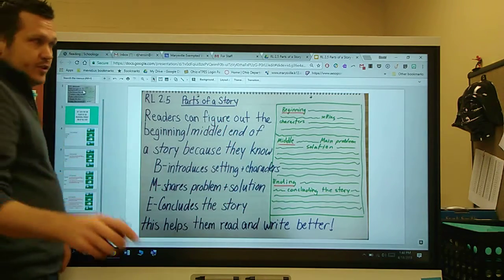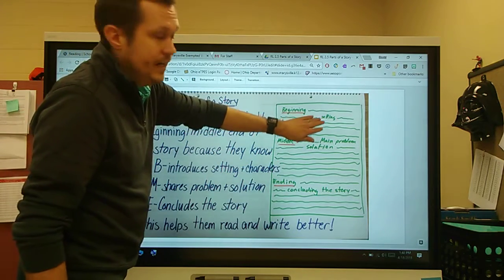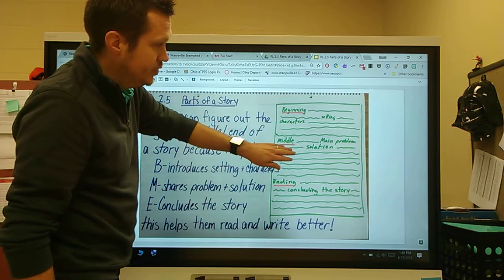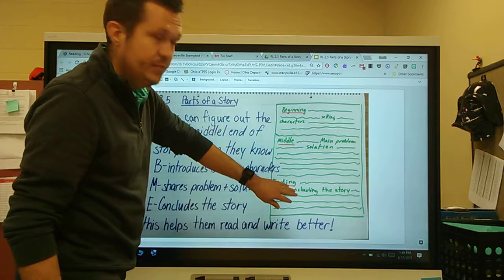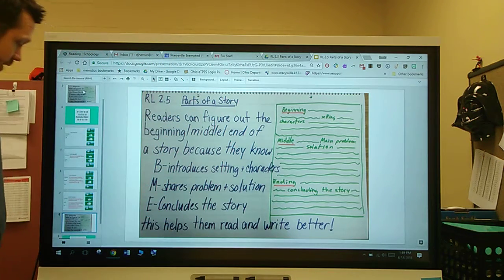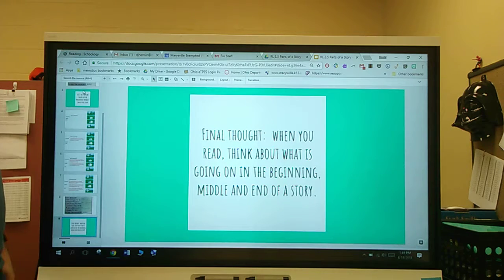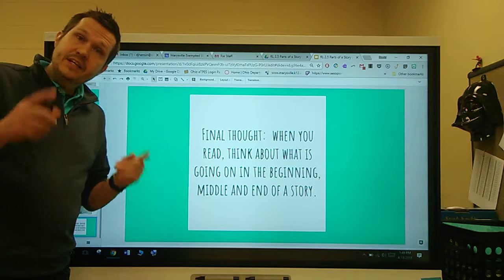So what you need to be able to do as a reader is to be able to find the beginning, middle, and end. You have to be able to figure out what the setting is, who the characters are in your story, what's the main problem, and how does that problem get solved. And then be able to identify what's going on at the end of your story. That's what readers need to be able to do. So when you read, think about what's going on in the beginning of your story.